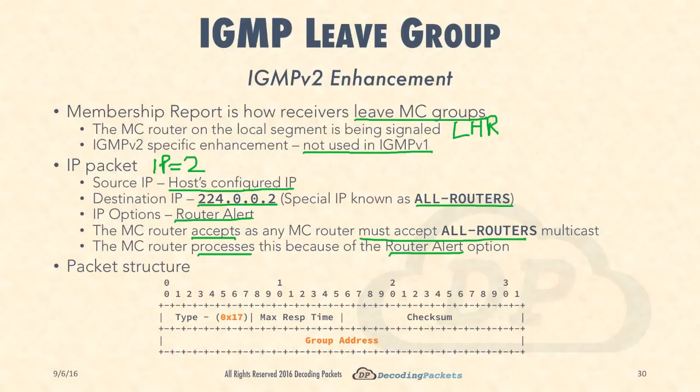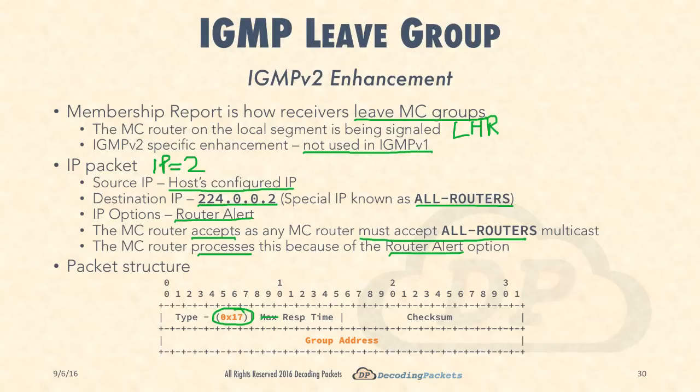The packet structure remains exactly the same. So like I said, you would see this packet structure over and over again. The only thing that is different is the type. So the type is a new type. It's only applicable in version 2, so there are not two different types. There's just one type, and that is 0x17. So 0x17 tells the router that it's a leave group message.